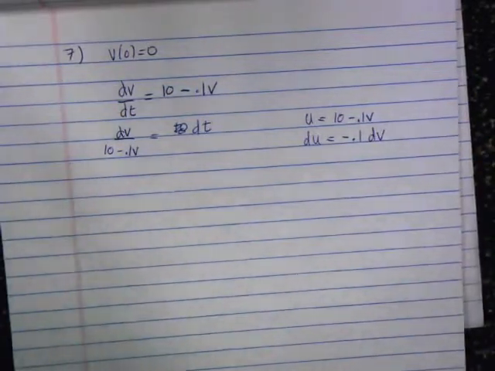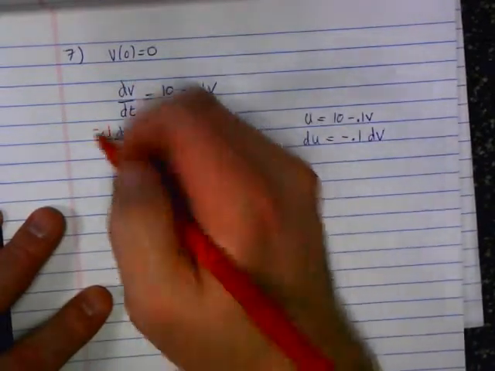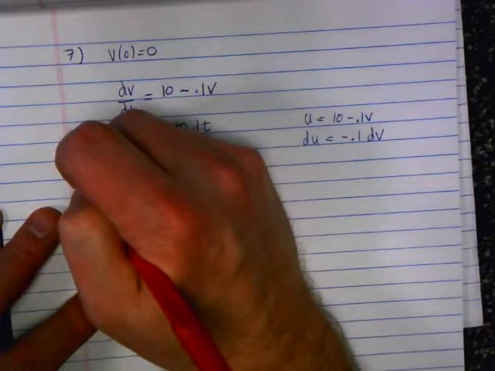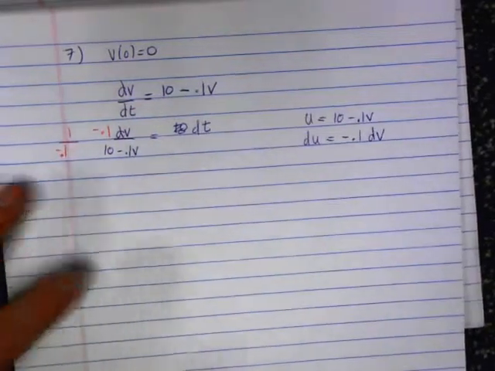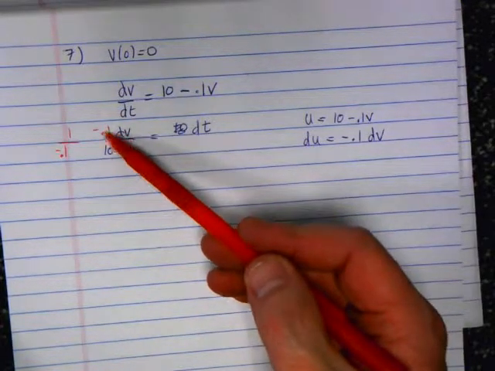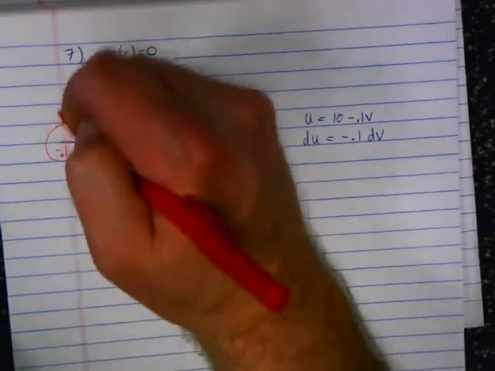So I need to sneak in a minus 0.1, which means I need to balance that with a 1 over negative 0.1. Wait, so negative 0.1 is just a negative 1 over 10. So it's 1 over negative 1 over 10. So it's just negative 10.